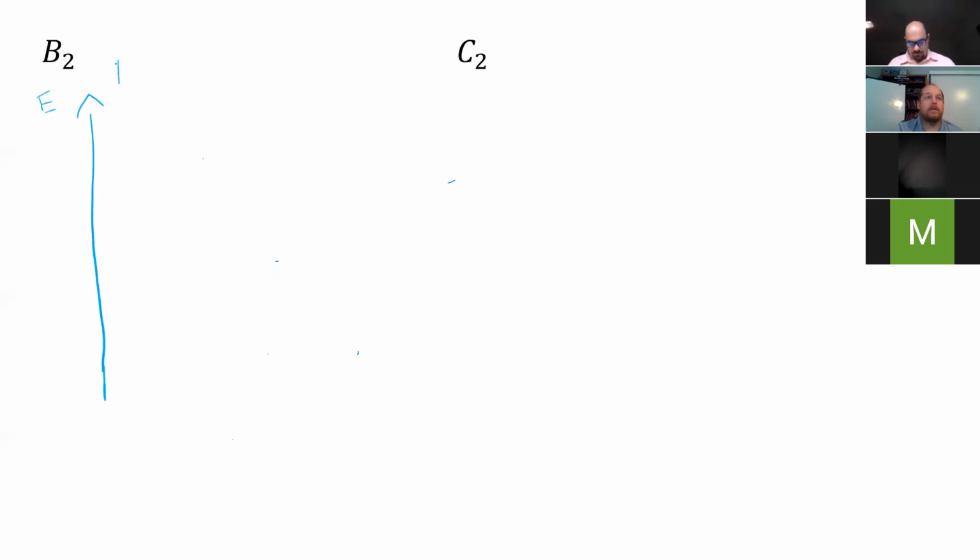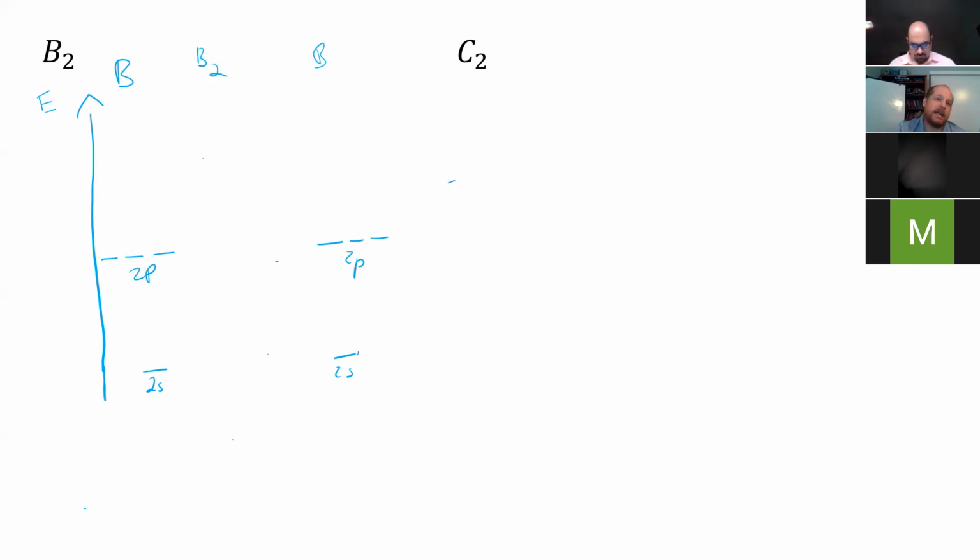And so on the left, we have a boron atom with a 2s orbital and 1, 2, 3 2p orbitals. On the right, we'll have our boron atom, 1, 2, 3 2p orbitals and a 2s orbital. Okay. And in the middle, we're going to have our boron B2 molecule.